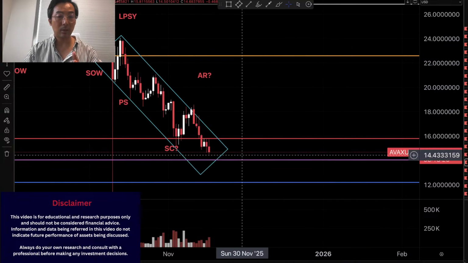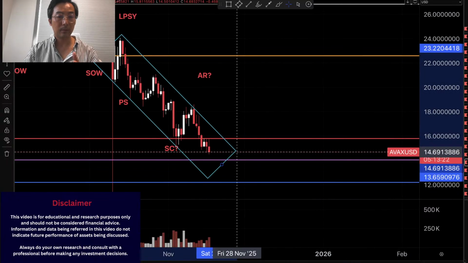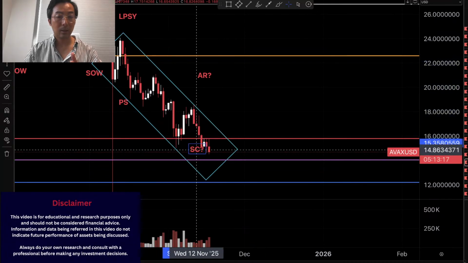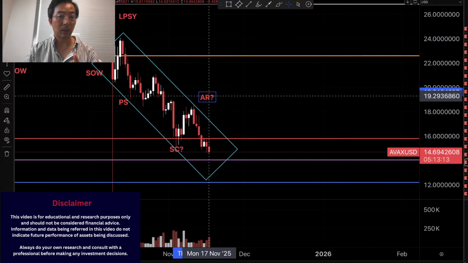And this trend continues so far. Let me extend the edges a little. Then I don't think this is the selling climax, and that's not the automatic rally.